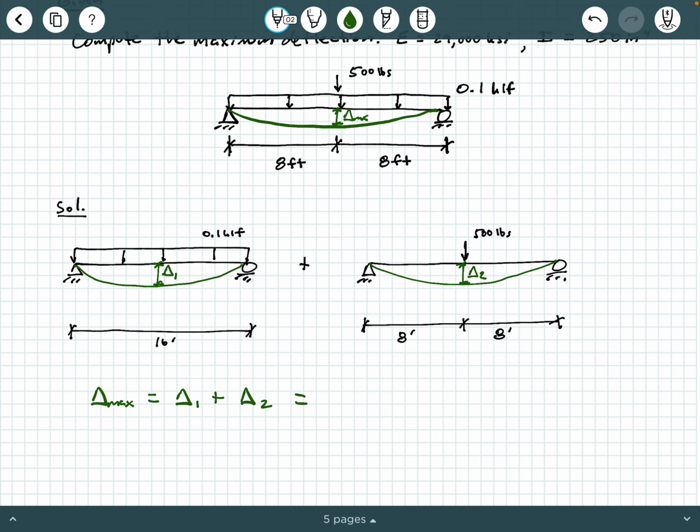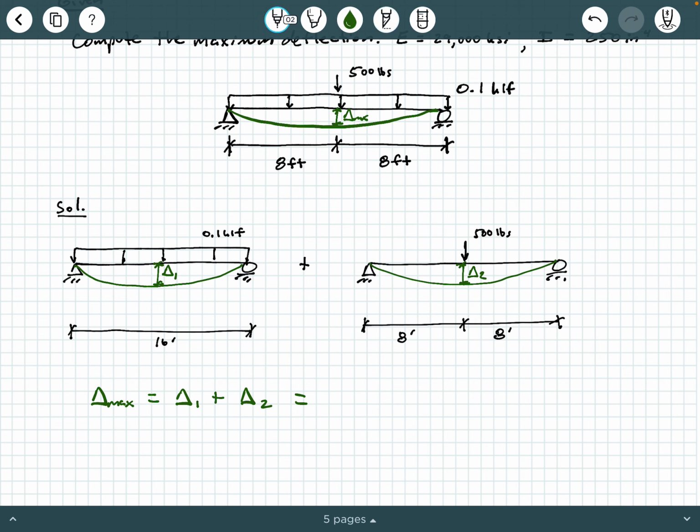So where do we get these pre-derived formulas from? Well, you can find them in most mechanics of materials textbooks in a table somewhere. If you're looking at the Hibbeler mechanics of materials textbook, this will be found in Appendix C. So you want to find the equations for each of these two load cases, okay?